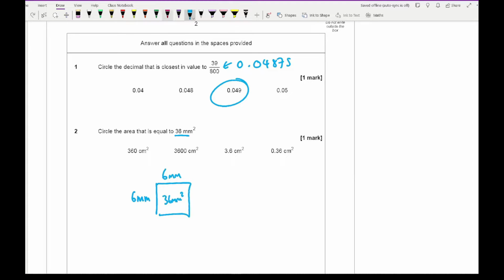If I then convert each of those into centimeters, that's 0.6 centimeters by 0.6 centimeters, and the area is 0.6 times 0.6, which gives me 0.36 centimeters squared. So it's going to be this option here.